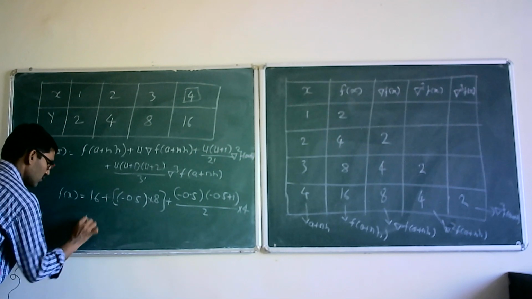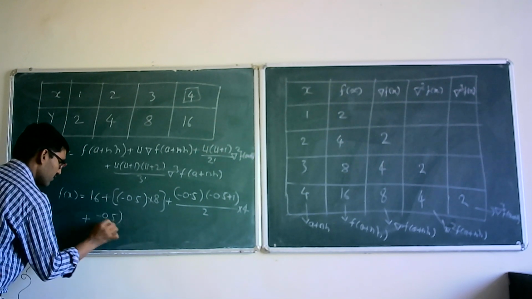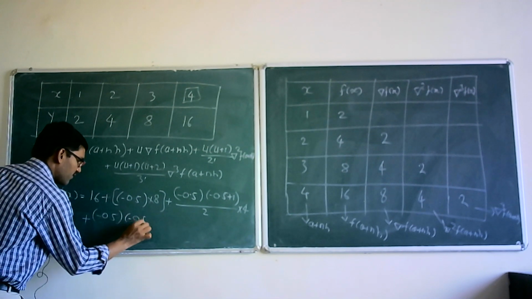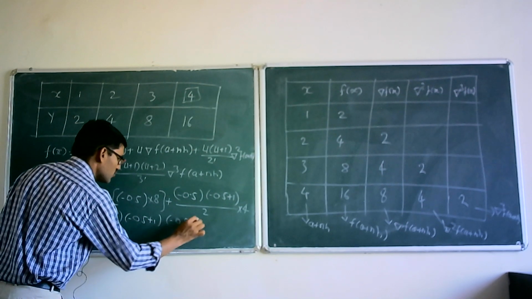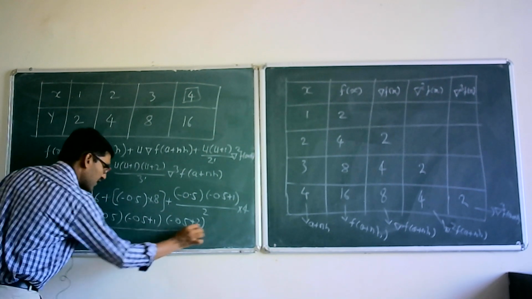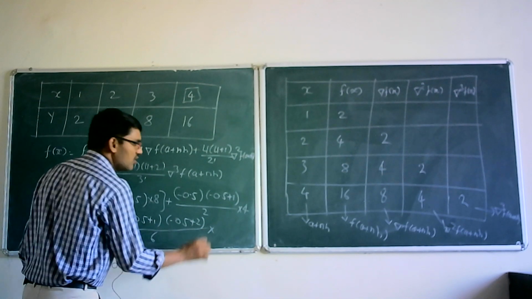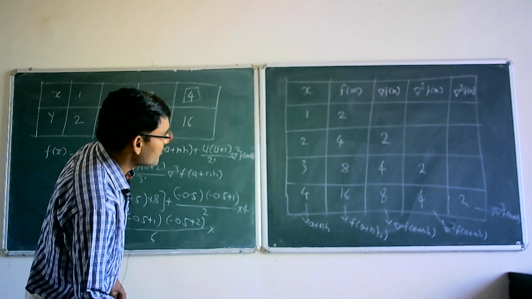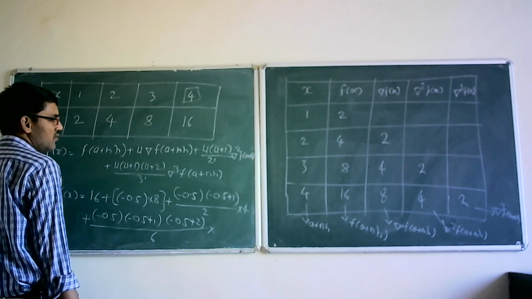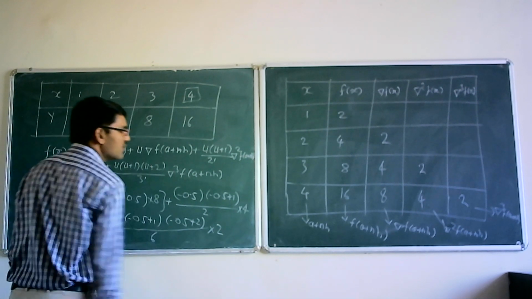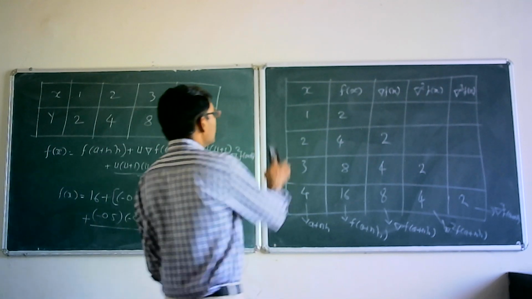Then minus 0.5 into minus 0.5 plus 1 into minus 0.5 plus 2, divided by 3 factorial, which is 6, into del cube f of a plus nh, which is 2.